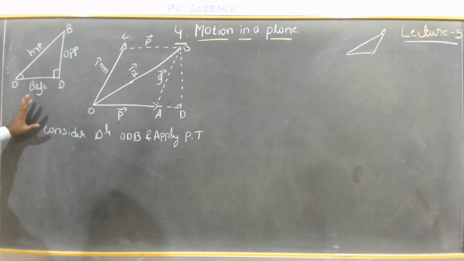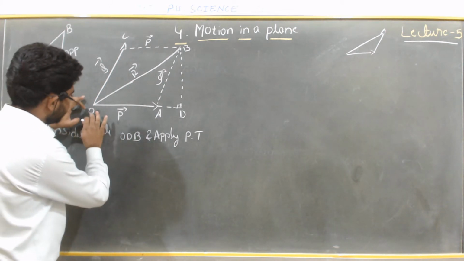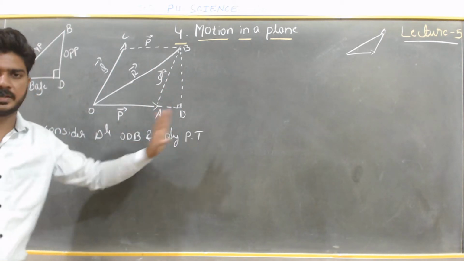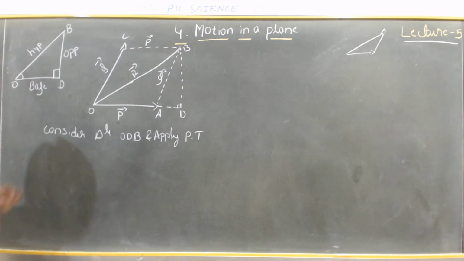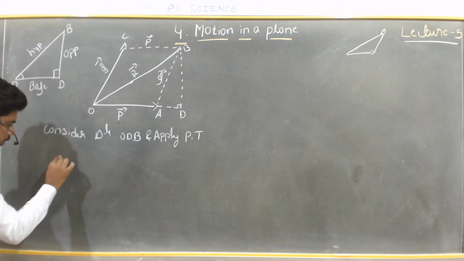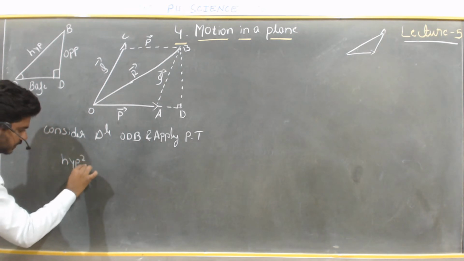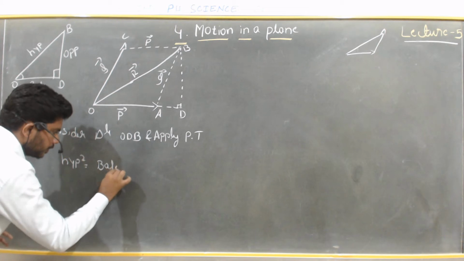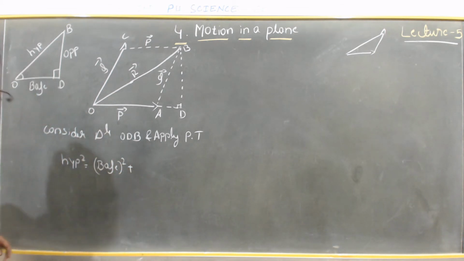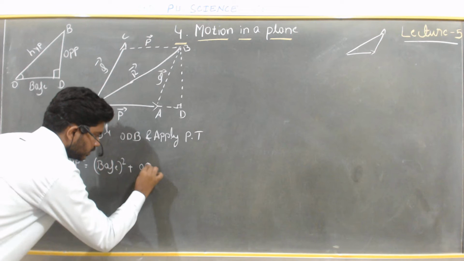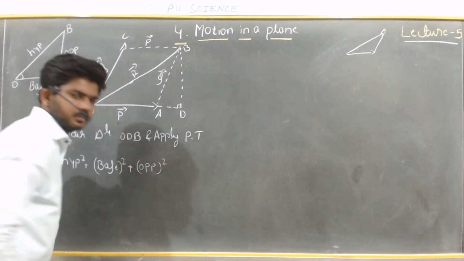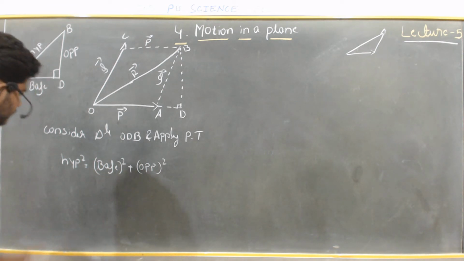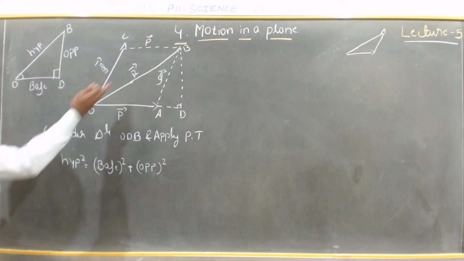So here we have taken the triangle ODB, and to this triangle we are applying the Pythagoras theorem. What does it say? The square of the hypotenuse is equal to the base square plus the opposite square. I think you might have studied this at SSLC level also. Here the hypotenuse is which one?